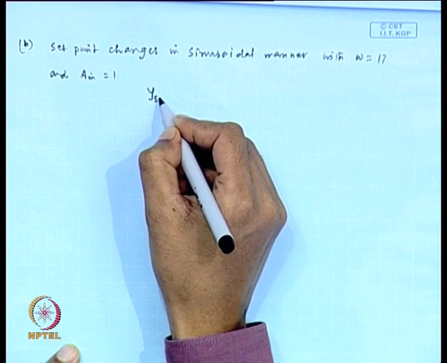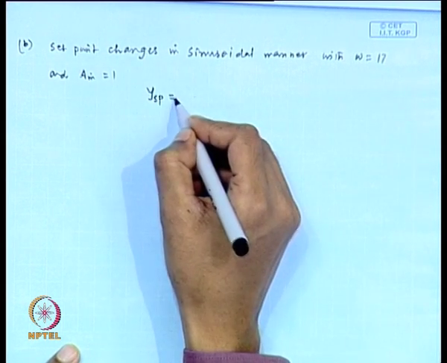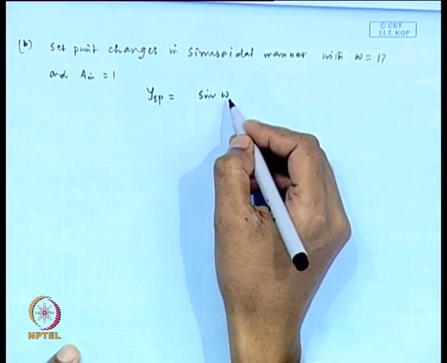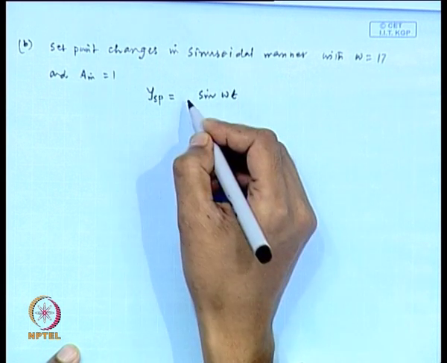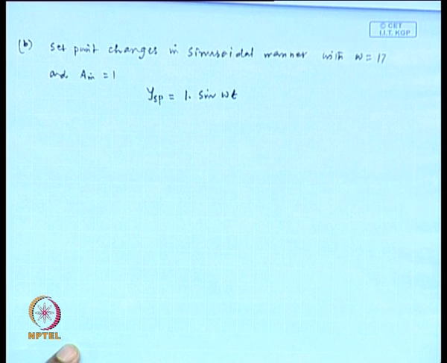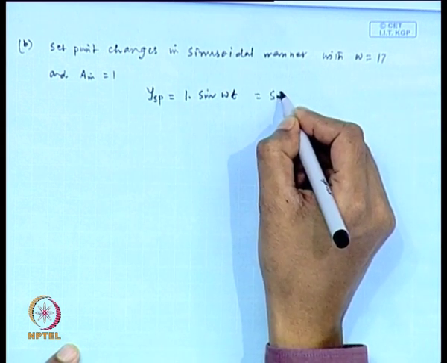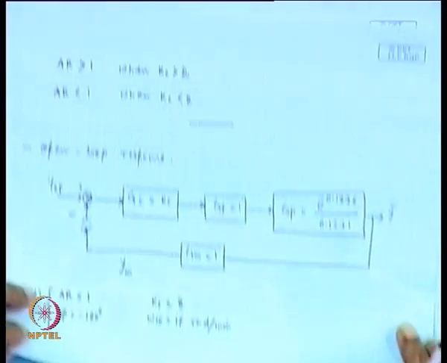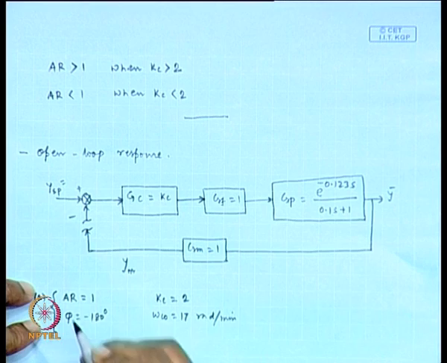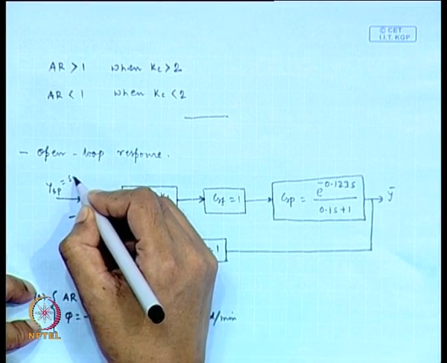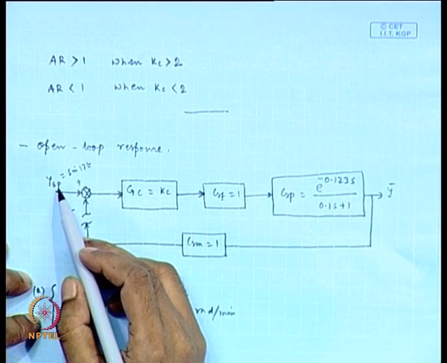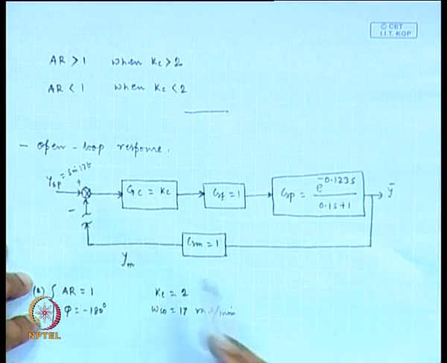Set point changes in a sinusoidal manner with omega equals 17 and input amplitude equals 1. That means this is sin 17t. So, in time domain I can write y set point equals sin 17t.